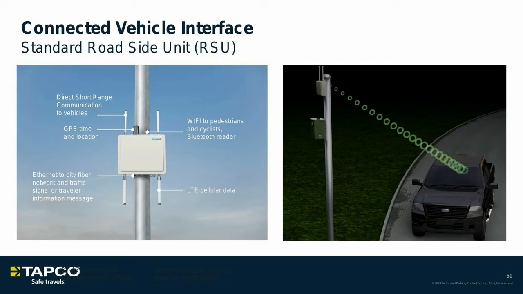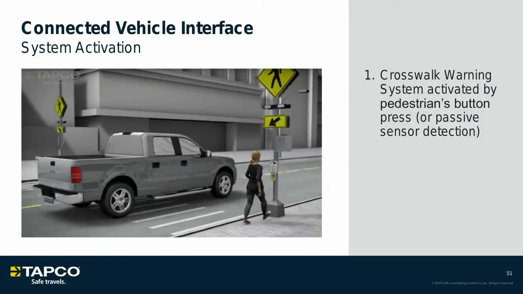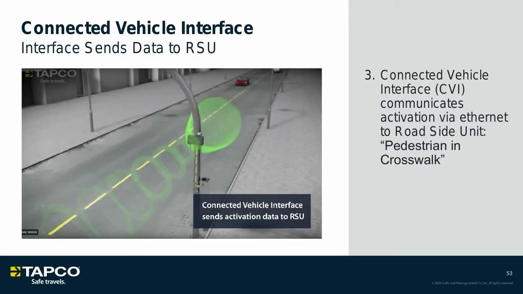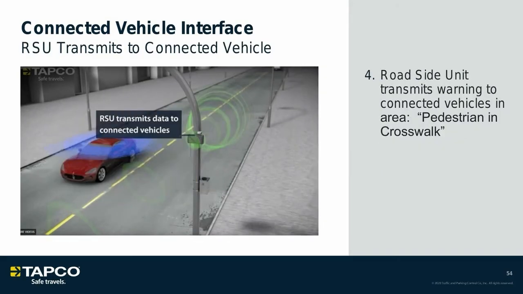But what will happen in this specific scenario is a pedestrian will walk up to the push button or the passive activation of some kind and hit that button. Once they hit that button, our radio, our interface, will send a signal to the RSU on the side of the road. That RSU recognizes that somebody's in that particular crosswalk. Then the RSU transmits a signal to any vehicle that has an onboard unit or an app of some kind that connects to these RSUs.